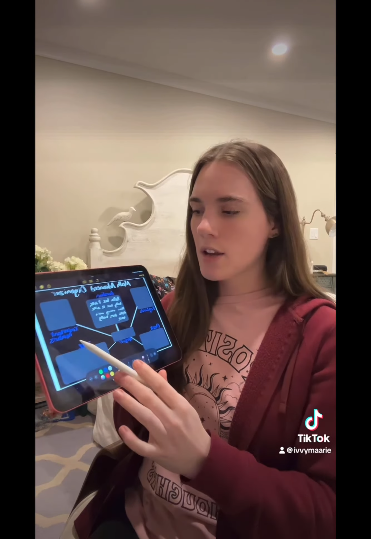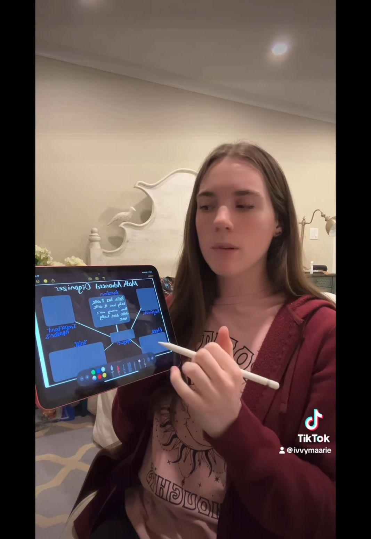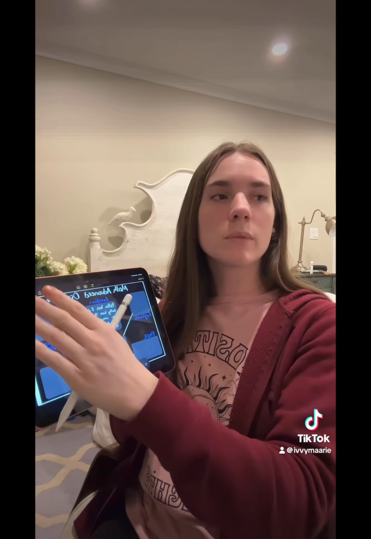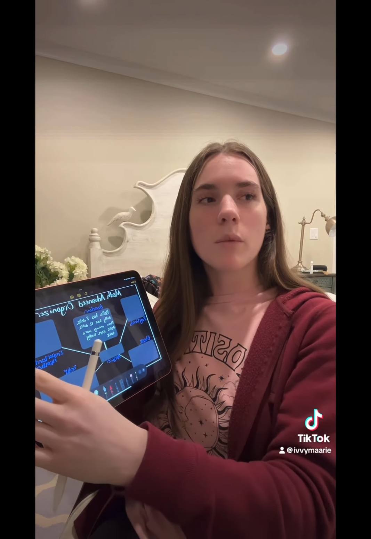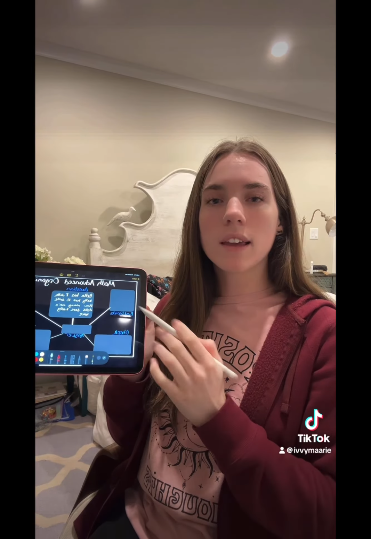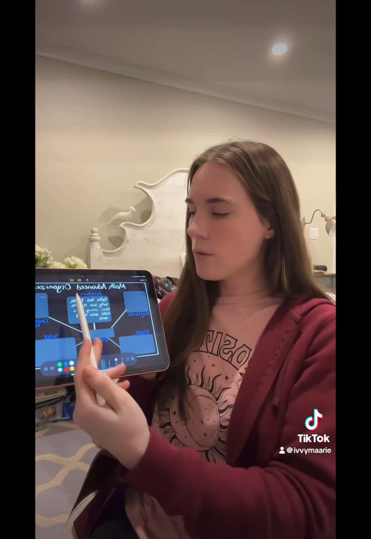Anything else? Important numbers. So this is where we are going to pick out the important numbers in the problem. We're going to put them here so that we know that these are the numbers that we need to work with, and then we're going to figure out what we need to do with these numbers. We have keywords. We're going to look in the question, and we're going to find any keywords.